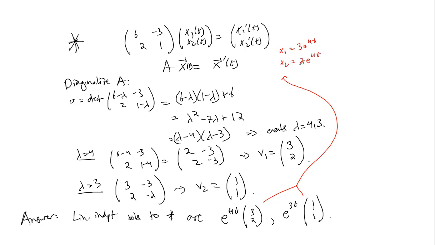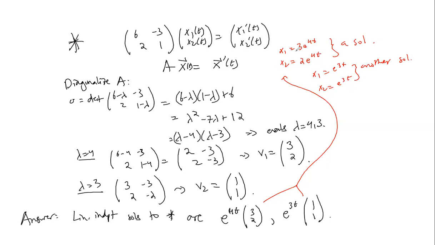If these are the functions simultaneously, this is a solution. Right, and also x1 equals e to the 3t, and x2 equals e to the 3t is another solution. A solution comes in pairs now. You need to give both x1 and x2 because they need to satisfy this coupled system of differential equations.